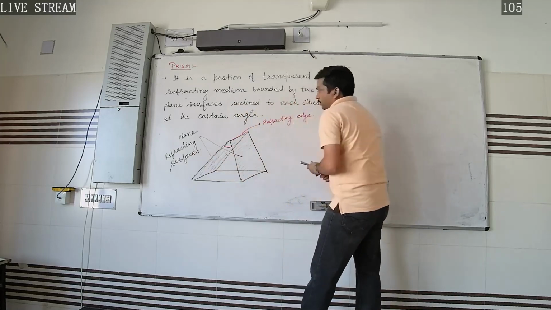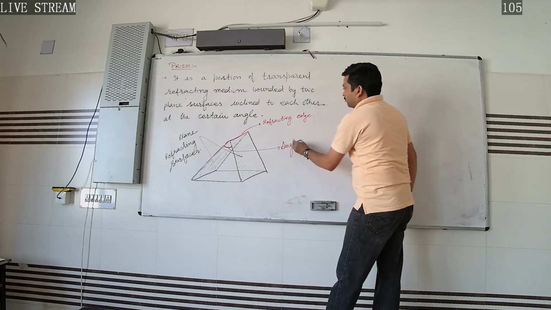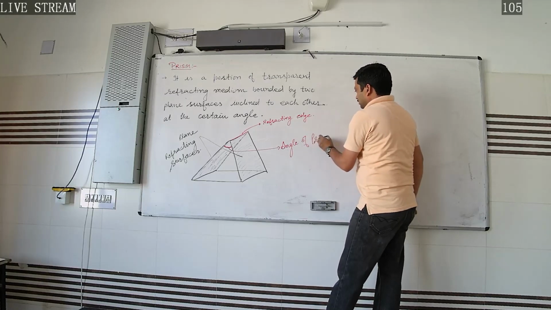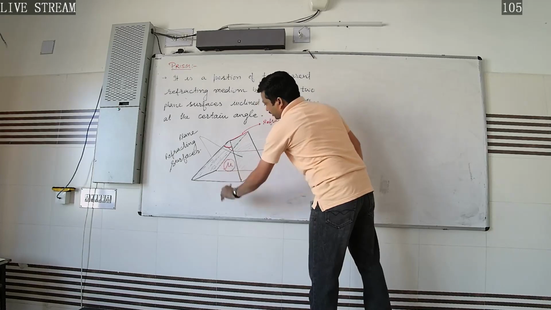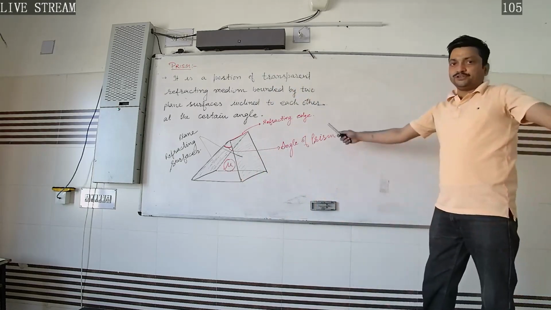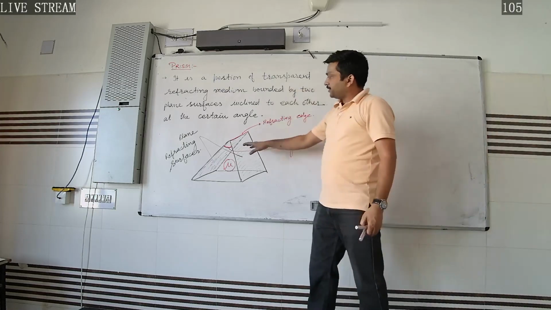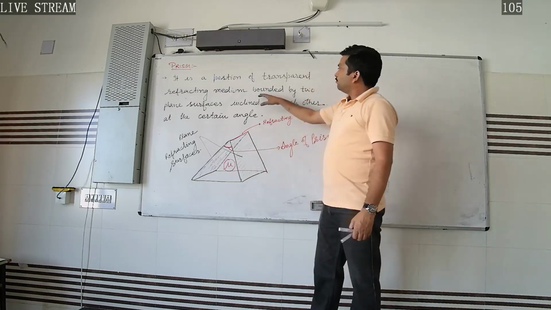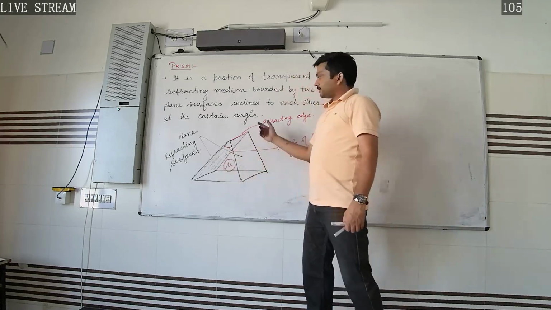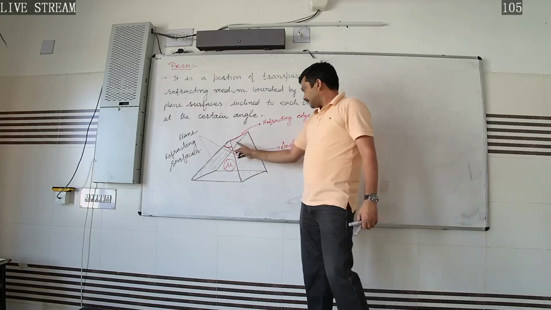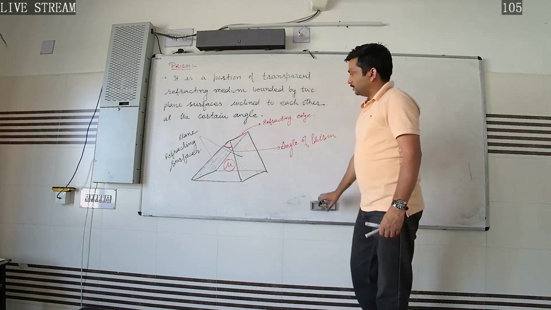This angle is called the angle of prism, and this prism is made up of material of refractive index mu. In this way, we can define this word: a portion of transparent refracting medium bounded by the two plane surfaces inclined to each other at a certain angle, and that angle is called the angle of prism.